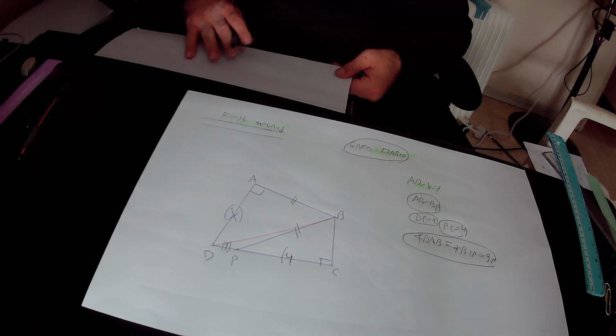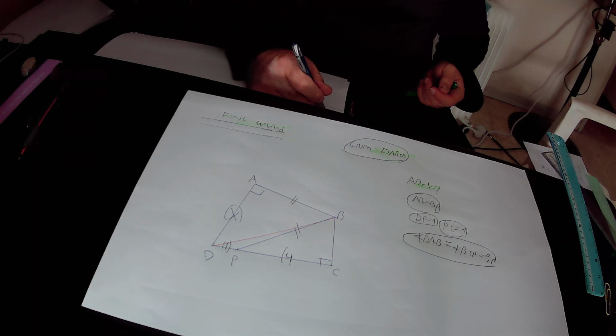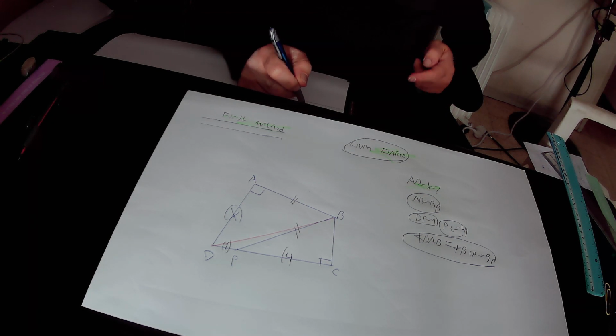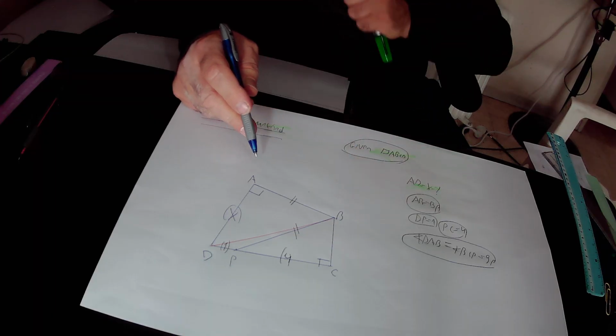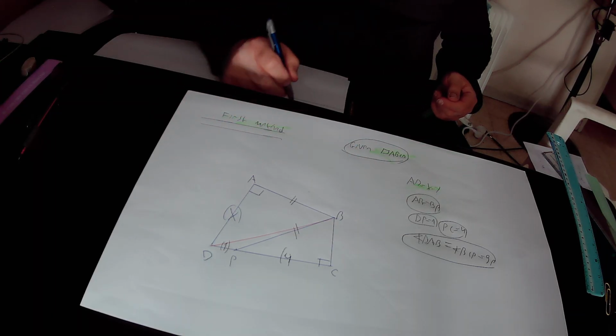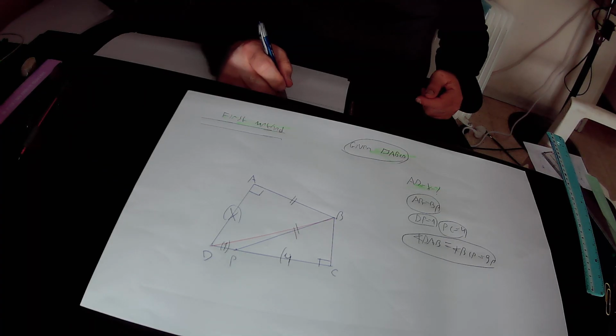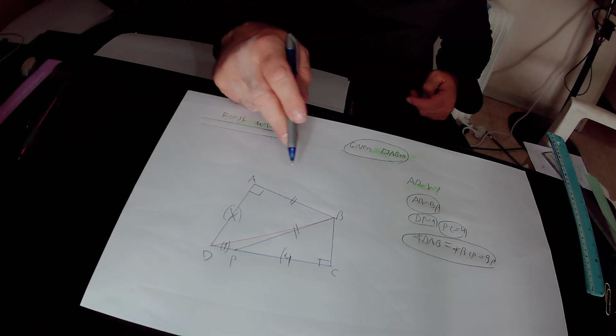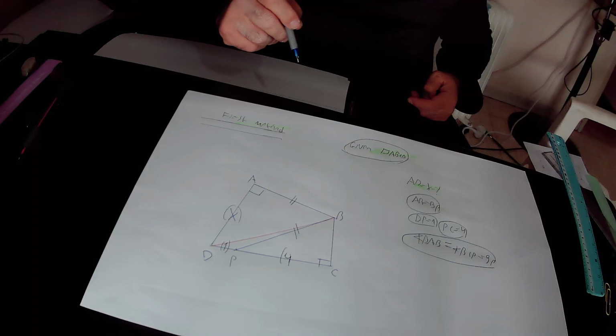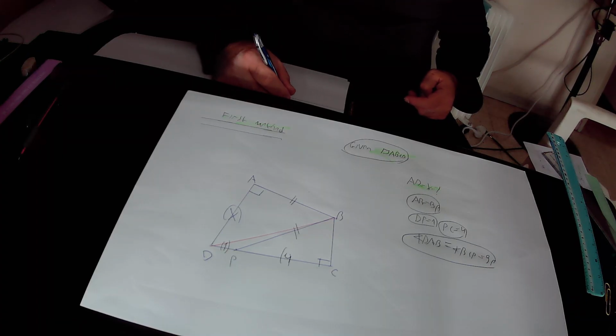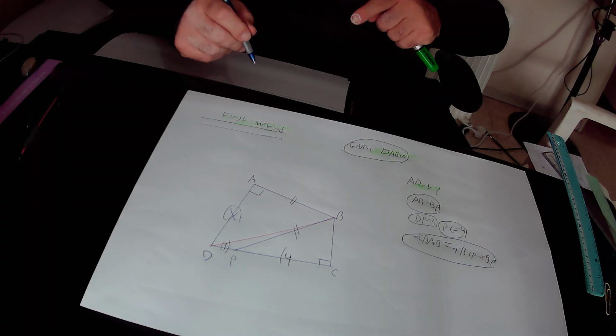But according to what is given, AB equals BP. So BD square equals AB square plus AD square.